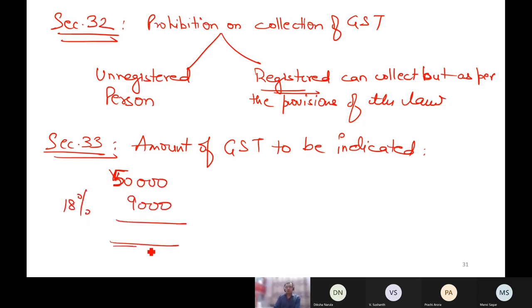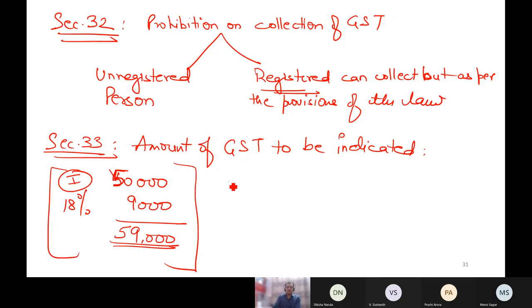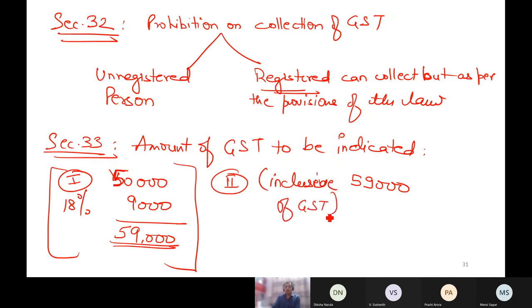So total value becomes 59,000. This is option number 1. What can some person as a supplier do? He can show 59,000 directly and simply say that the value includes GST. It is wrong. Inclusive of GST is wrong. Government says that no, as per section 33, the provision says you cannot show this. Amount of GST has to be separately mentioned.